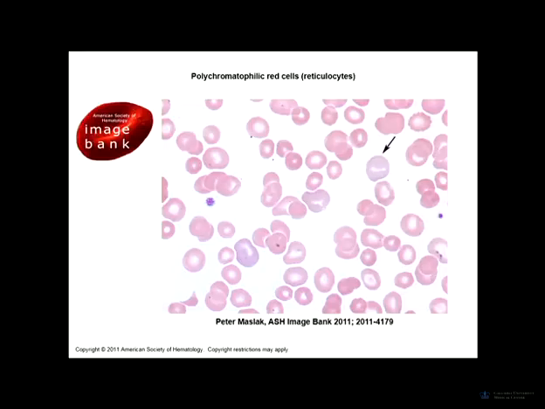So if you have hemolysis, you will see 1, 2, 3 of these at once. If you just gave a pint of blood, the same thing will happen. The slightly purple hue here is a little bit of residual RNA inside the blood cell. And this gets degraded before it becomes a fully mature erythrocyte. RNA doesn't last that long.